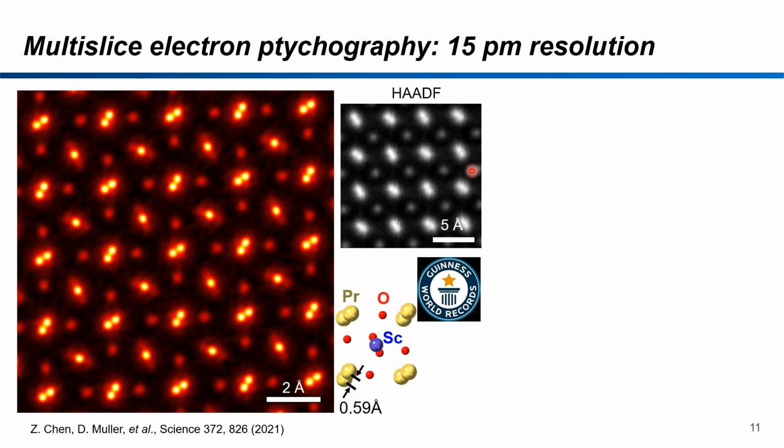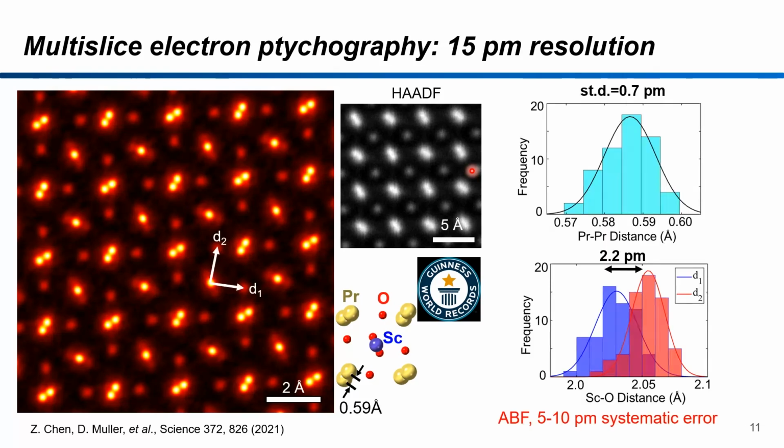And compared to the HAADF image, the spatial resolution is improved more than 3 times. And we also improve the precision to measure atomic columns here. For heavy elements, we improve to sub-picometers, and even for light elements like oxygen, the precision of atomic column measurements is around 1 picometer. Compared to the conventional annular bright field, the improvement is significant.